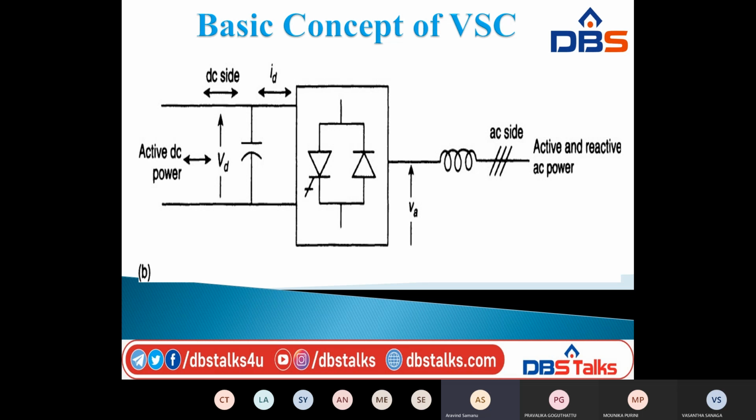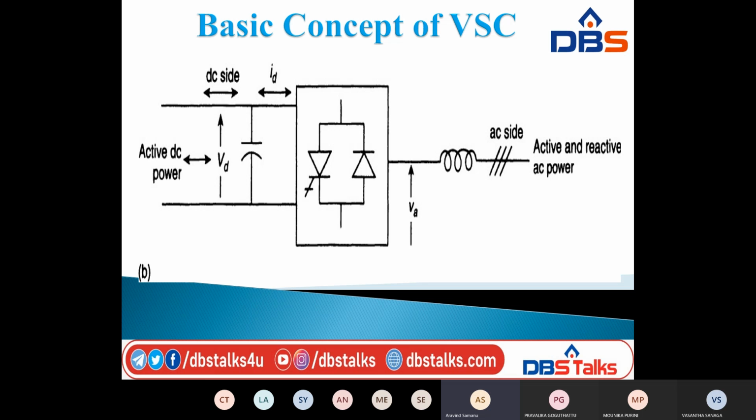It is also shown on the DC side that the DC current can flow in either direction. If you observe the left hand side, ID is the DC current. This DC current will flow in either direction.